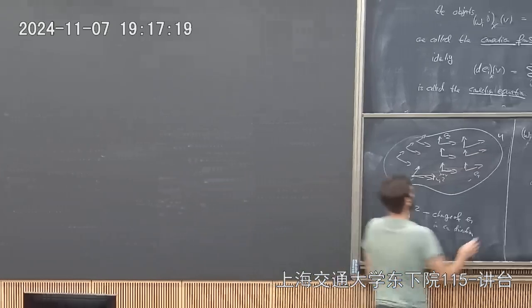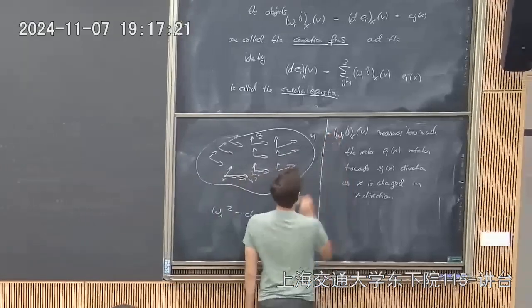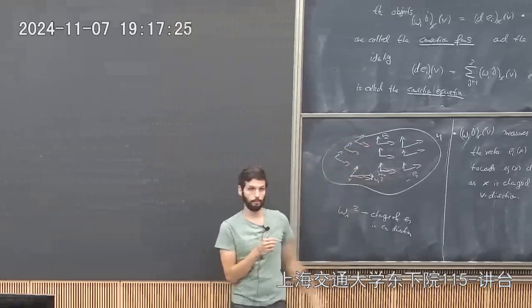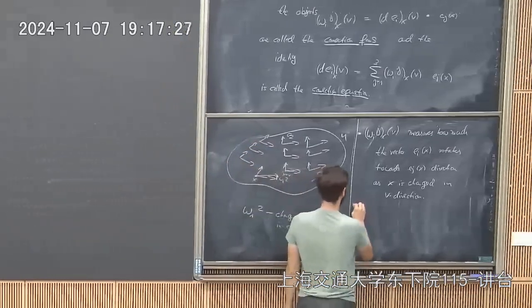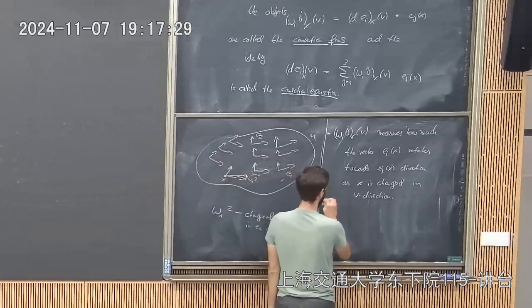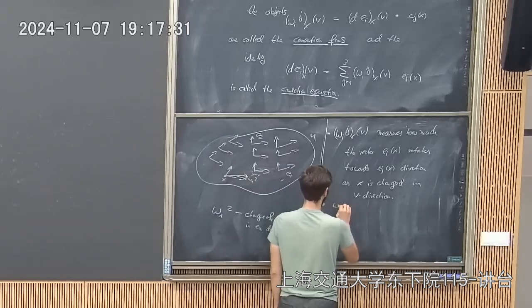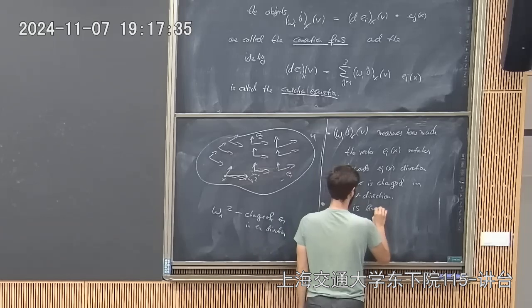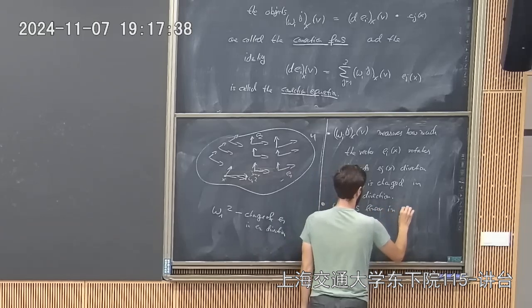And it's not a misnomer that they are called connection forms. The whole point of why we studied differential forms is that omega_ij is linear in v.